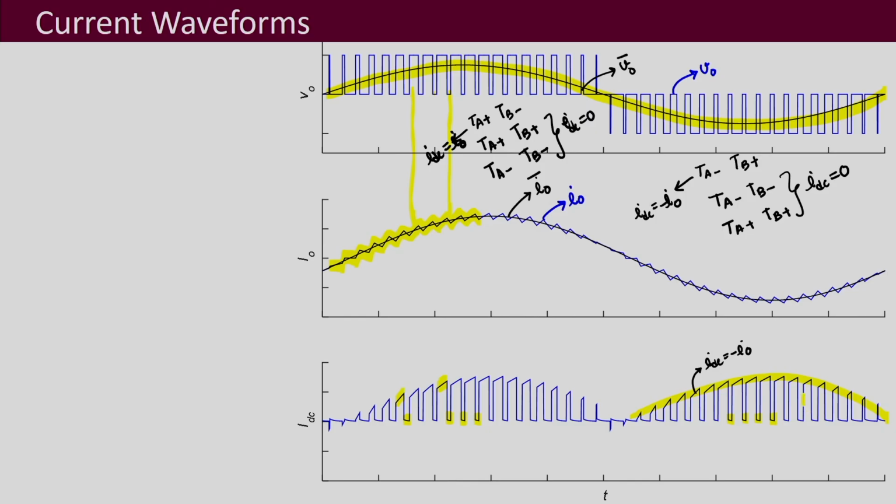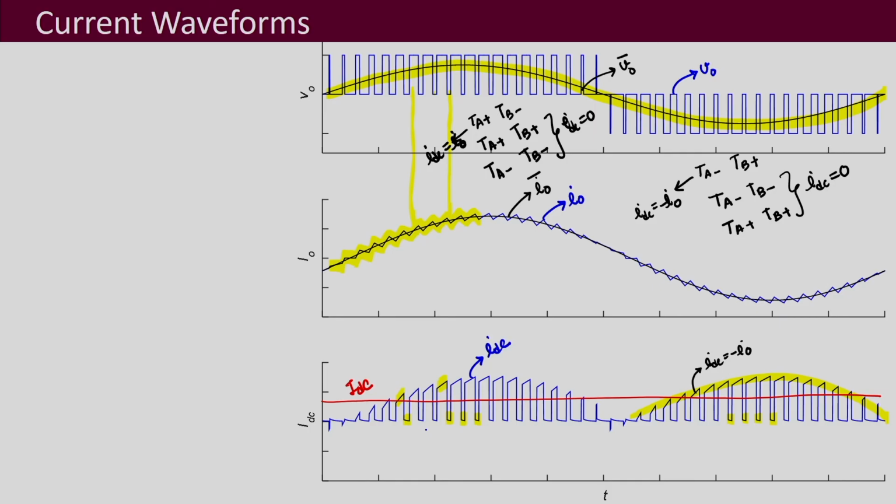So, that is your current waveform, and it will have components. One component is the capital IDC, and this one is your instantaneous current waveform IDC.